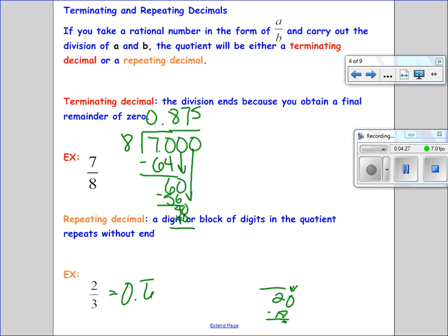Notice, when we are dividing the numerator by the denominator, we have a remainder of 0. So it is considered a terminating decimal.